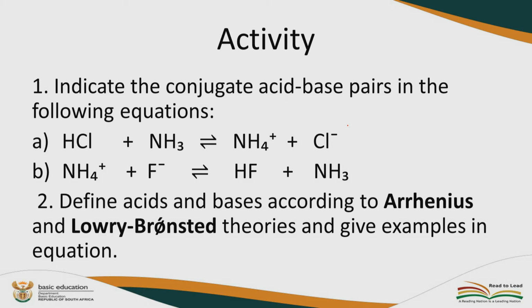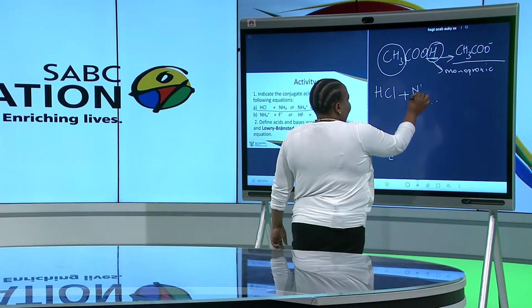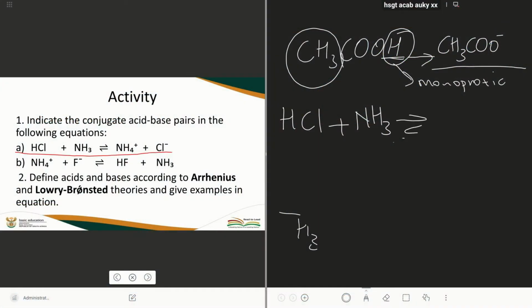After identifying that, you can match them in terms of acid-base pairs. Let's take the first one. The first one is hydrochloric acid plus ammonia, giving you what? Ammonium ion plus chloride ion. Hydrochloric acid, being a strong acid, wherever it reacts with whatever, it will definitely be an acid, because all the strong acids, whatever they react with, they will remain acids.